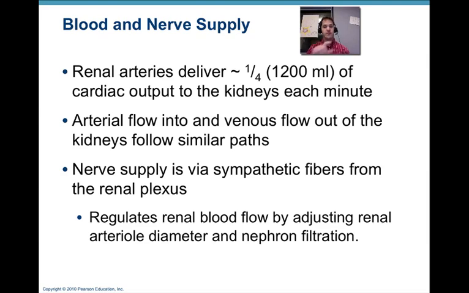And then nerve supply also enters in at the hilum or the hilus, and it's via sympathetic fibers from a nervous structure called the renal plexus, and it can help to regulate renal blood flow by adjusting arterial diameter at the nephron.